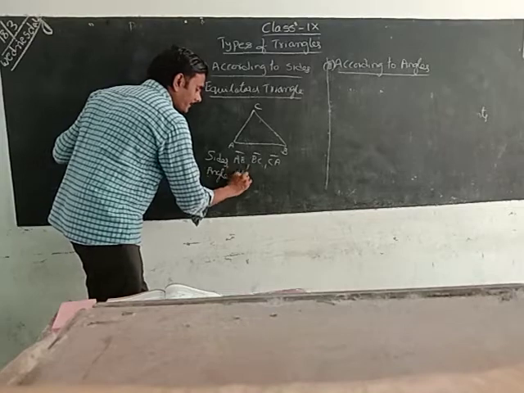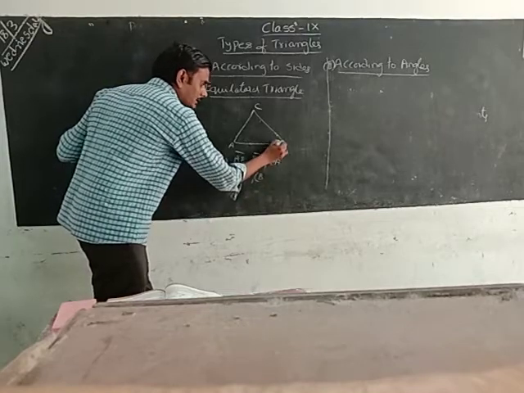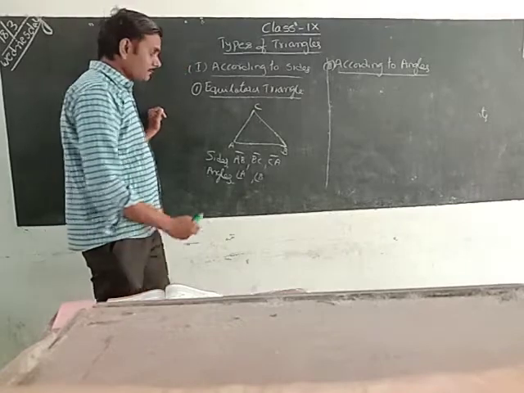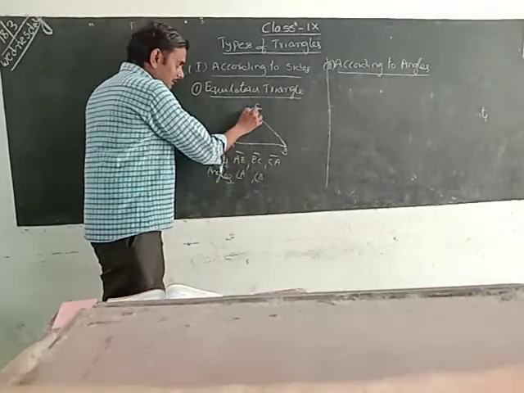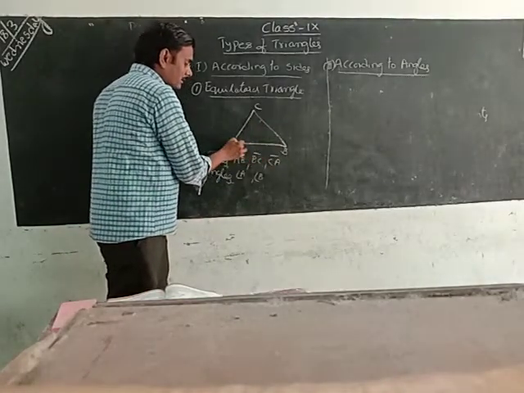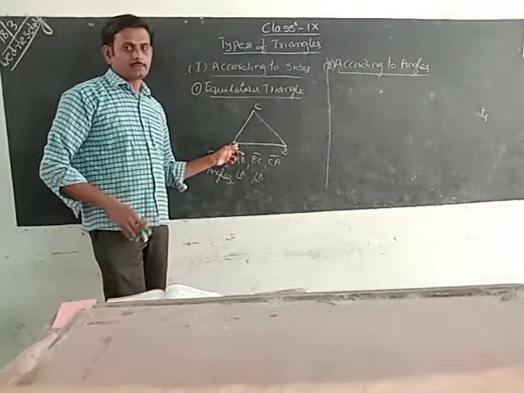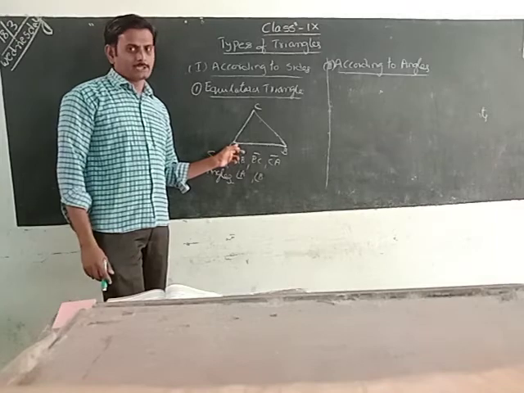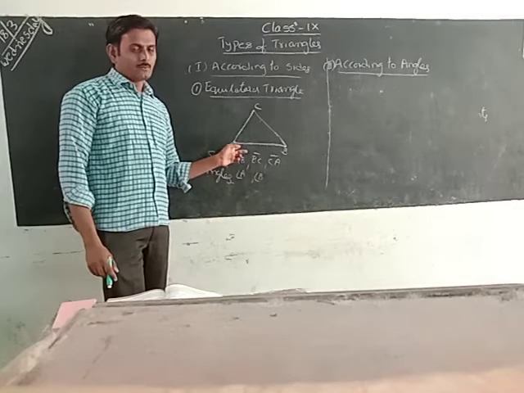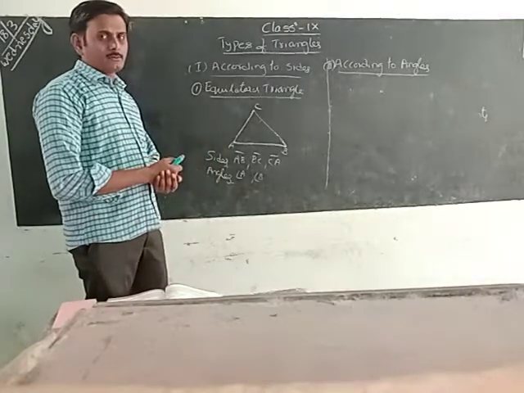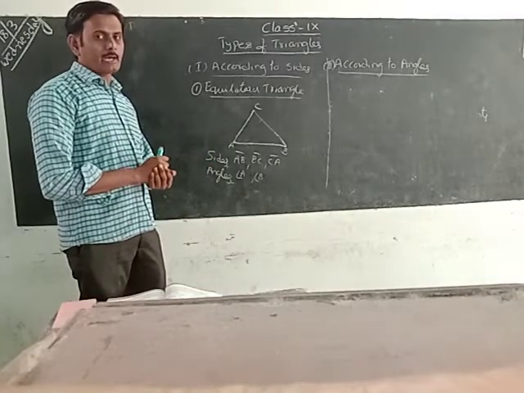Angle A, angle B. Every vertex will form an angle. And a vertex means 2 line segments having a common end. That common end we can call a vertex, or vertices.